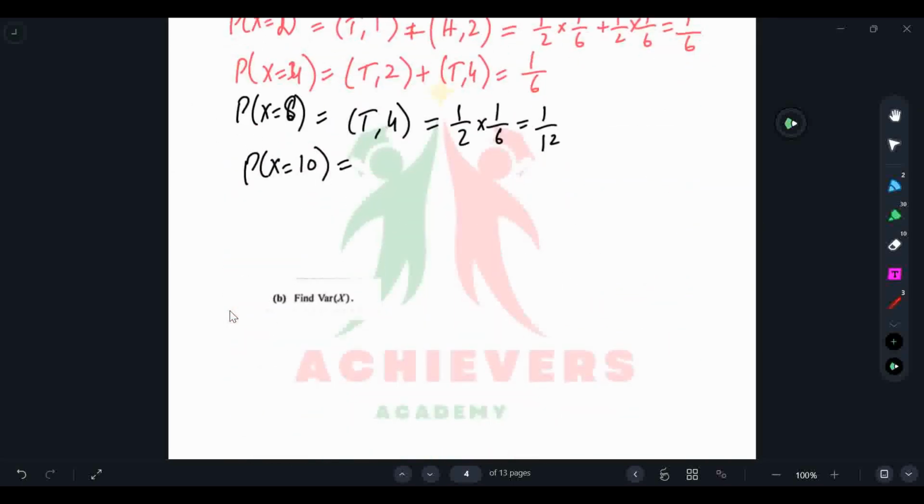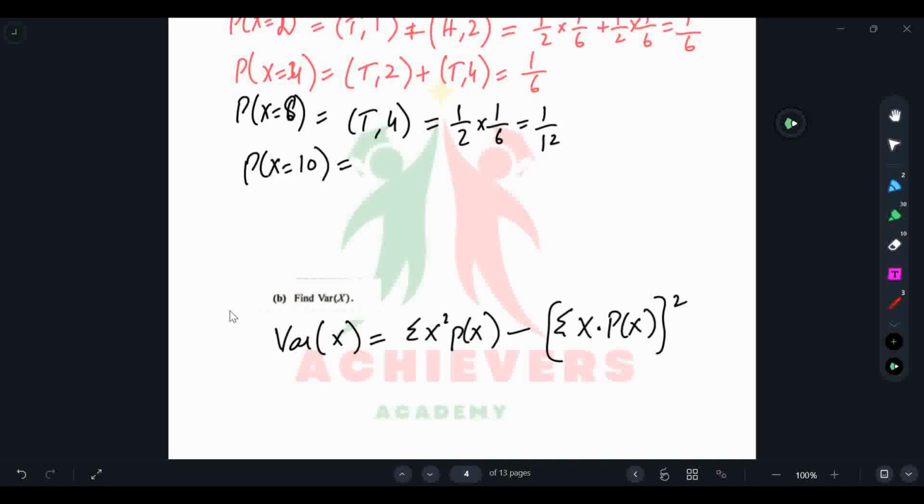Now find the variance of x. Variance of x means, let me write the formula first. The variance of x is equal to the summation of x square times probability of x, minus the summation of x times probability of x, whole square.